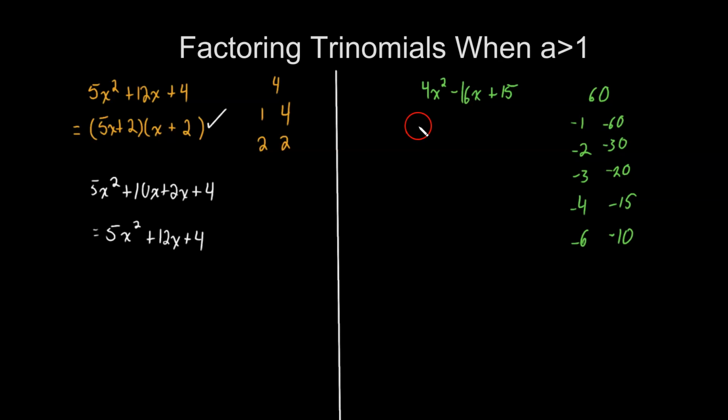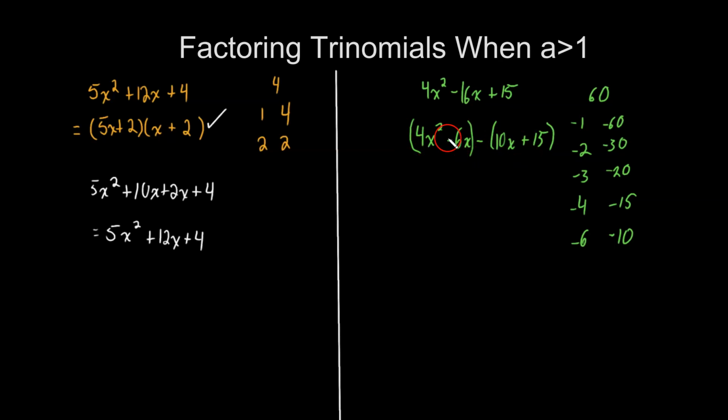So that would give us 4x squared minus 6x minus 10x plus 15. What we're going to do is break this into two different groups. Now that we've broken it up, we're going to factor out the greatest common factor of each group.